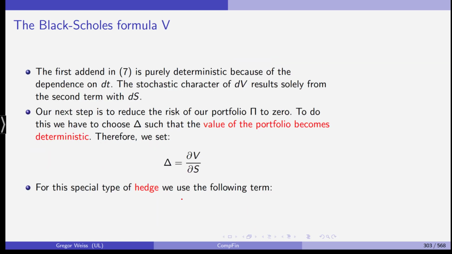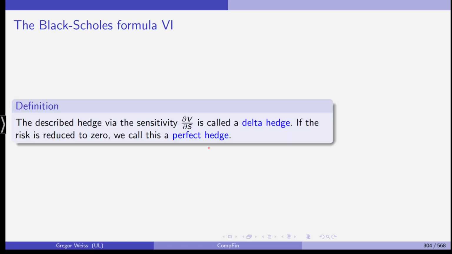If the number of underlyings that we sell short is chosen to be the option delta, the partial derivative of V with respect to S, then this is what we call a delta hedge. This is a perfect hedge. It reduces risk to zero because suddenly the change in the portfolio value becomes deterministic.